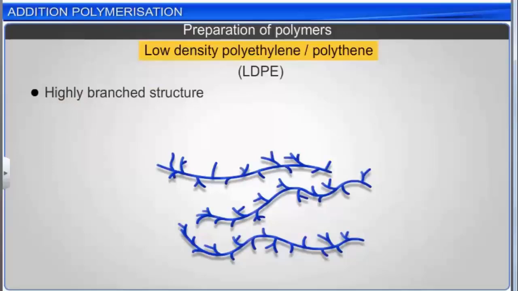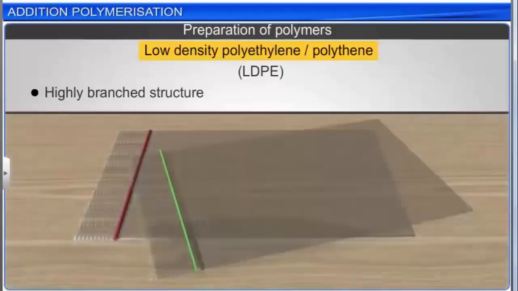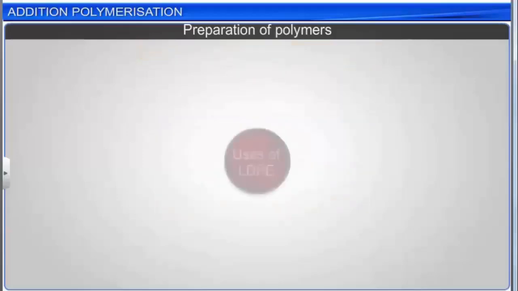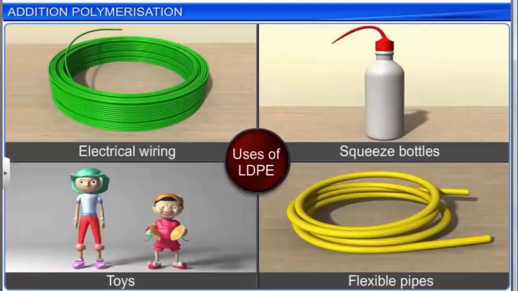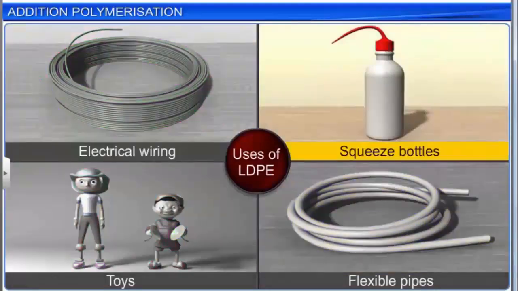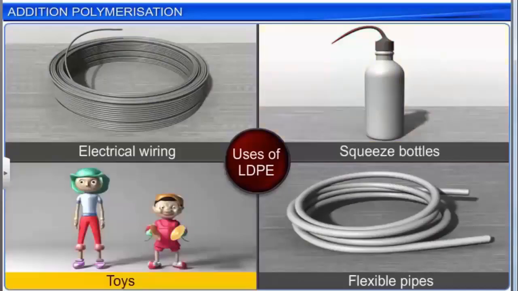The branches keep the chains from packing closely together, and so the resulting plastic is soft. LDPE is chemically inert. It is tough but flexible and a poor conductor of electricity. LDPE is used to make insulation for electrical wiring, besides squeeze bottles, toys, and flexible pipes.